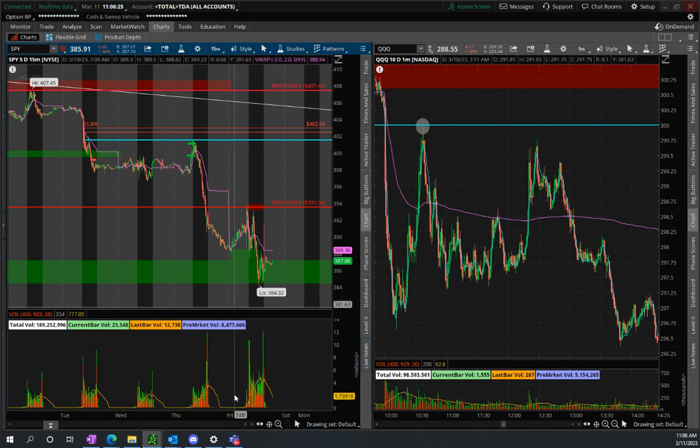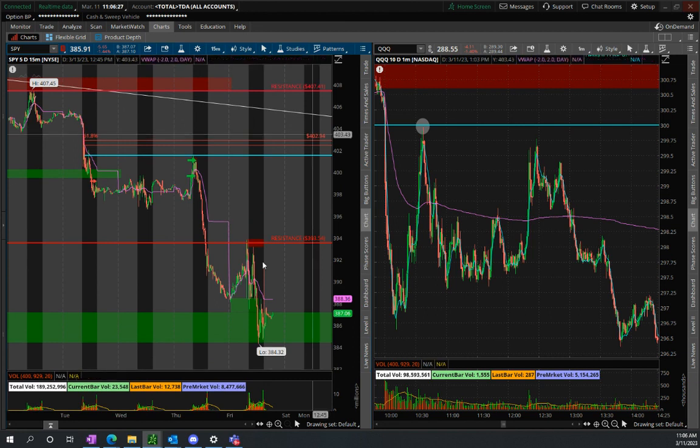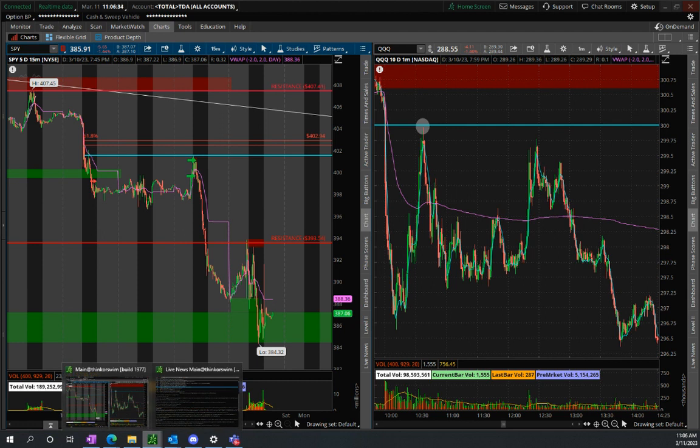So this is the importance of having both of these charts pulled up at the same time. Yep. Even the futures on NQ and ES, that will also help you. Exactly. That's what I trade. I trade with a SPY chart on one screen and my futures charts on the other, and that's the only way I trade. Yeah, exactly what I do too.